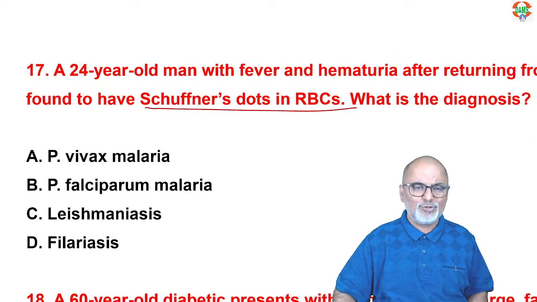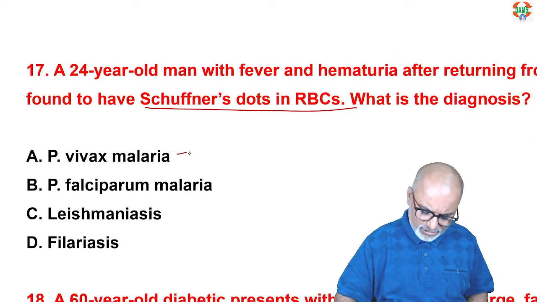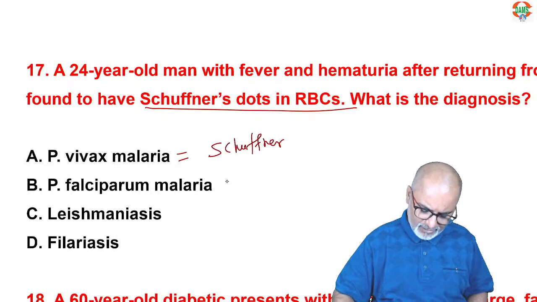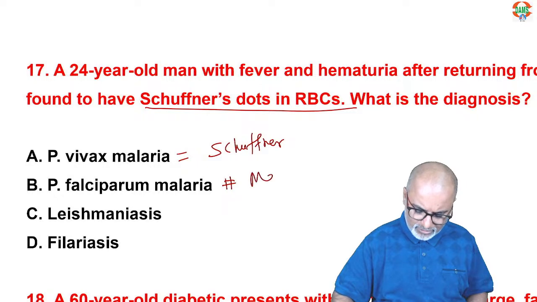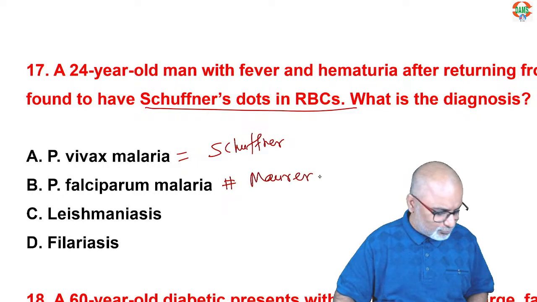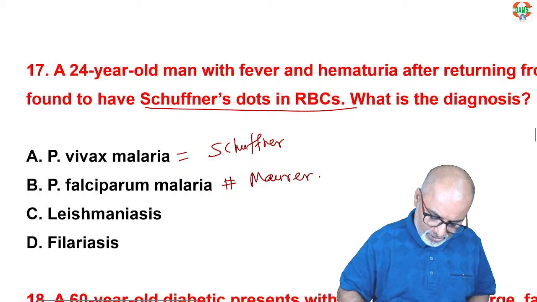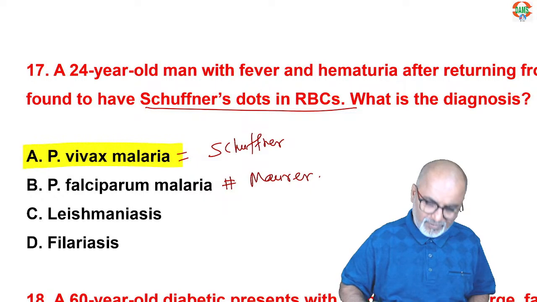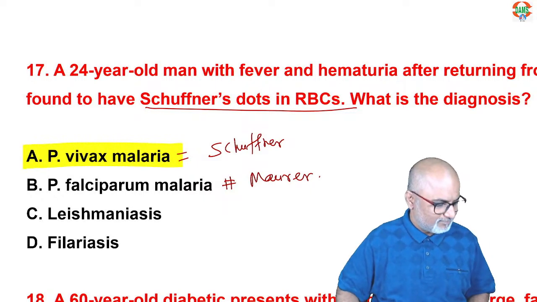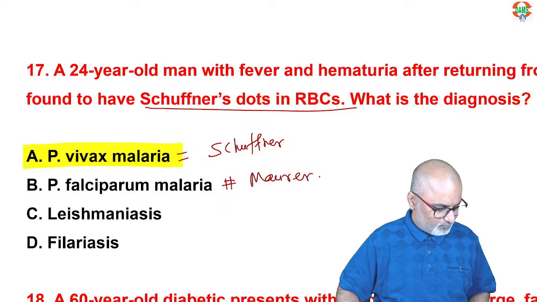The dots you should know: Vivax possesses Schuffner's dots, whereas falciparum produces Maurer's dots. At least these two dots you should know. Vivax is Schuffner's dot.